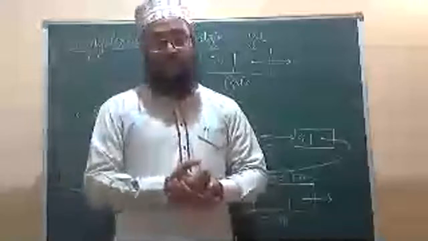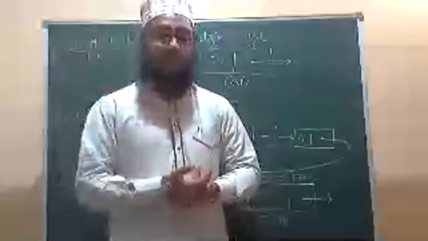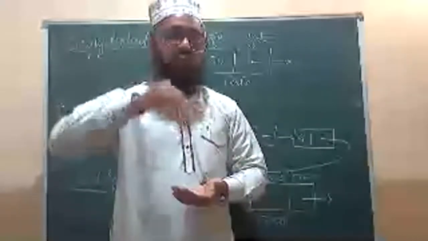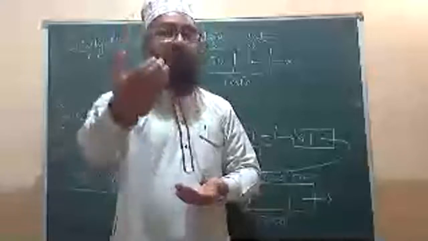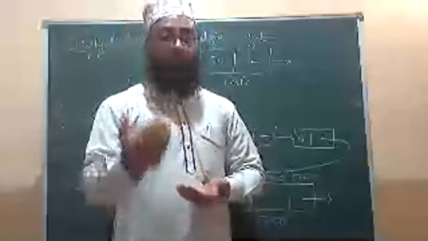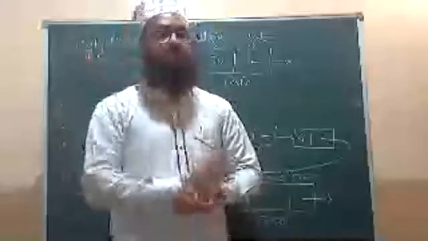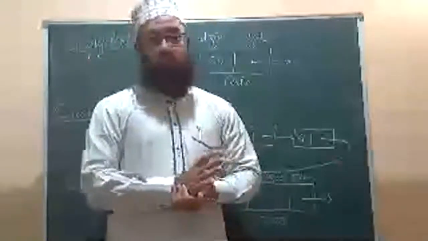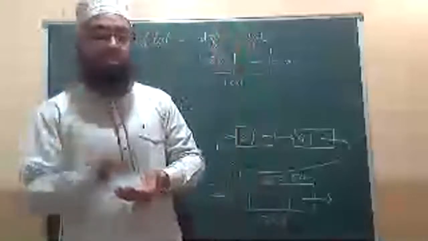Insertion includes insertion at beginning, insertion at middle, and insertion at last. Deletion includes deletion from beginning, from middle, or from last. All these things we will discuss in our next class.